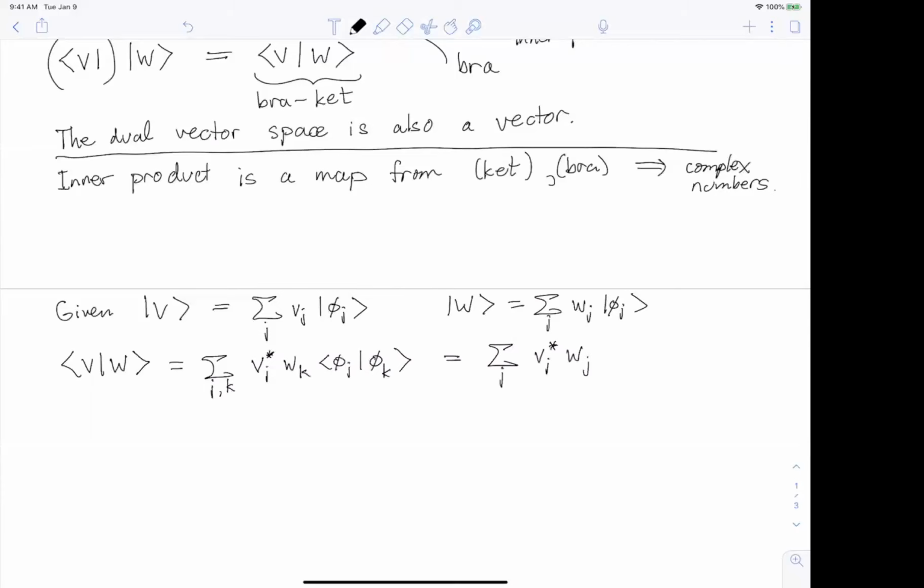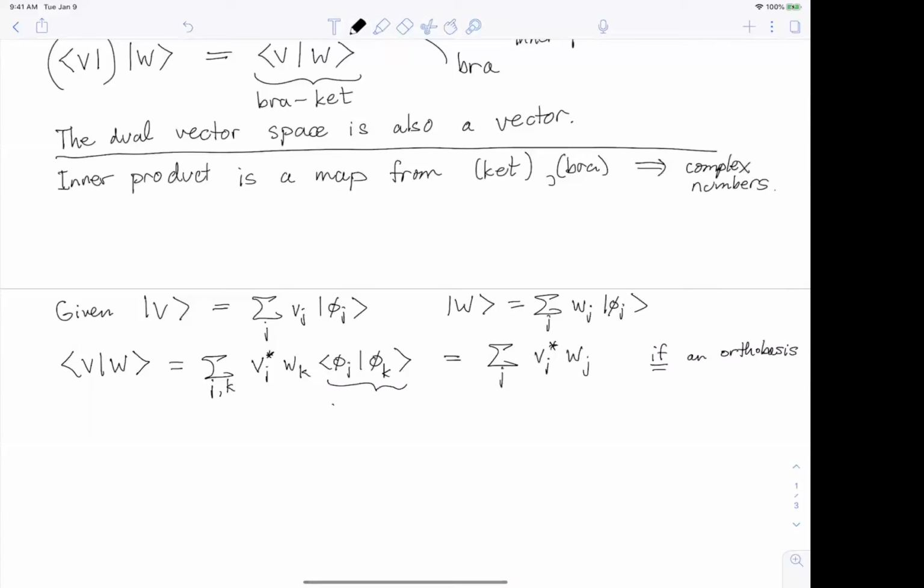Now, why is that? That's because, if it's an orthobasis, I should say, if, that's very important, we're talking about an orthobasis, not just an ordinary basis. And the reason for that is phi j phi k is zero unless j equals k.